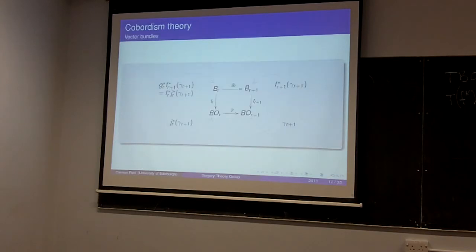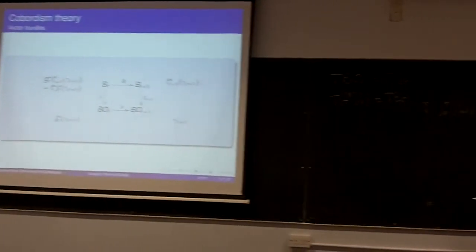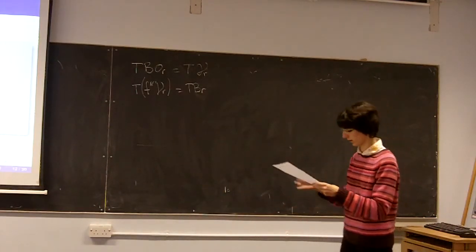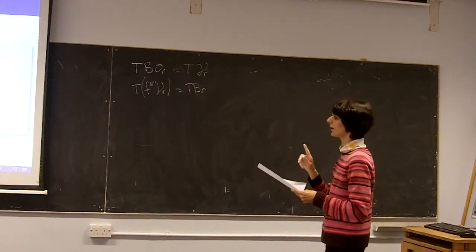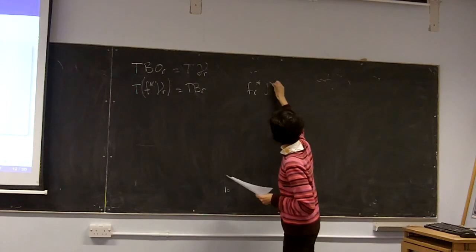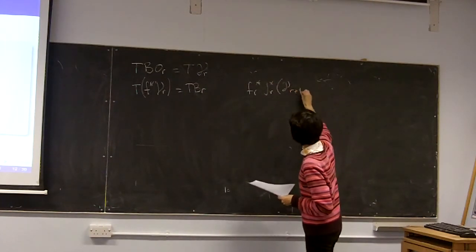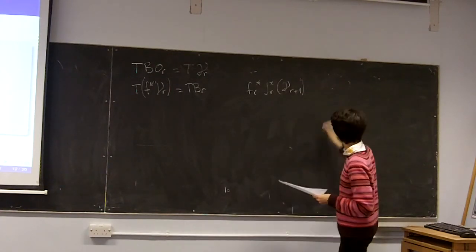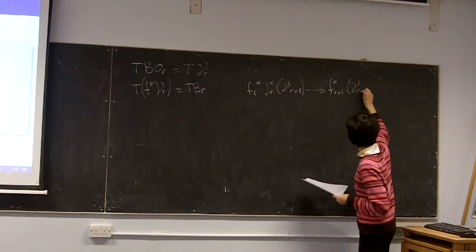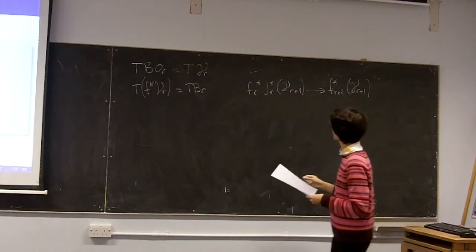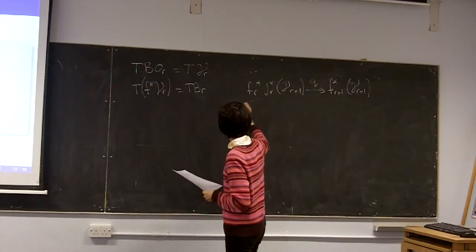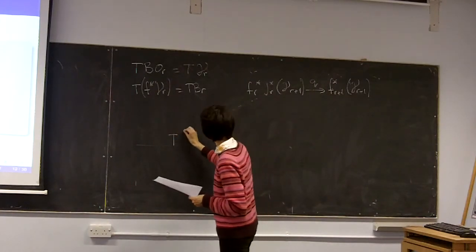Now for the upper part of the diagram. We have our bundles, and now if we find the Thom spaces of these two, we should get the Thom space of all these.